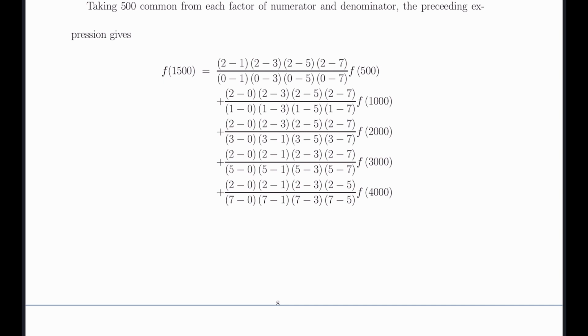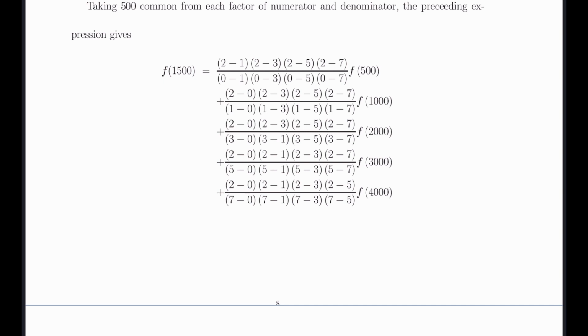In the numerator we have 4 terms and in the denominator we also have 4 terms, so 500 is in the numerator 4 times and also in the denominator 4 times. So they will cancel out. It is the same in all other terms.